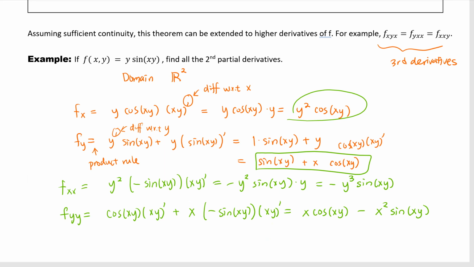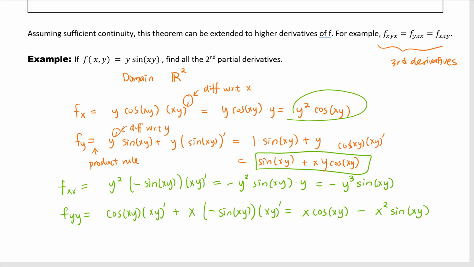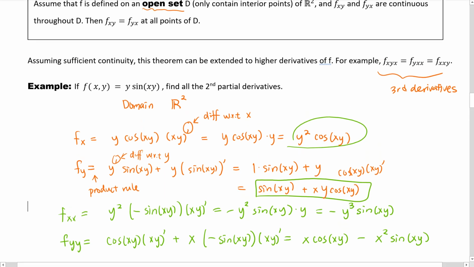All right, let's continue. I just realized a mistake. In the previous example, we forgot this y. So that y should be here. Well, it's good that we go back to check our work.